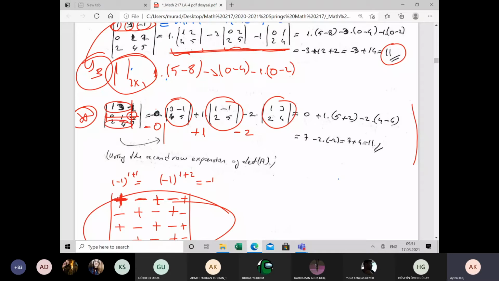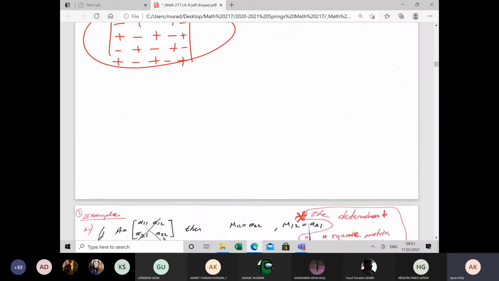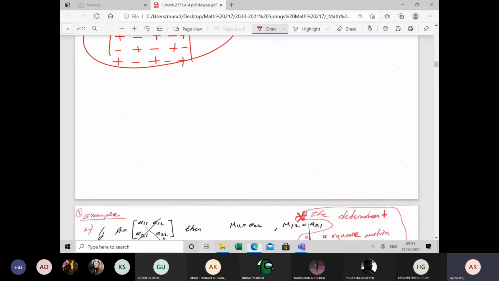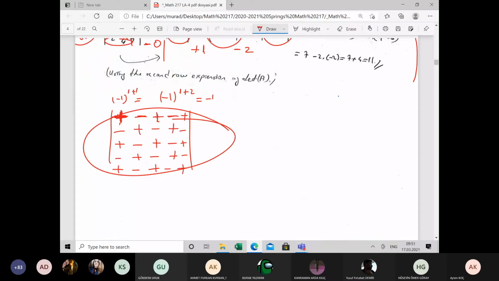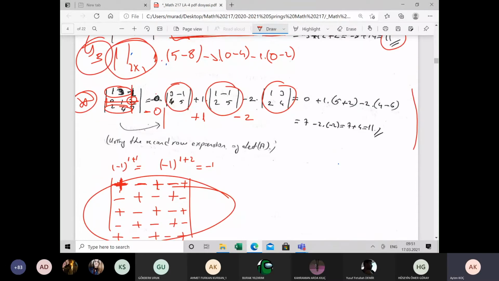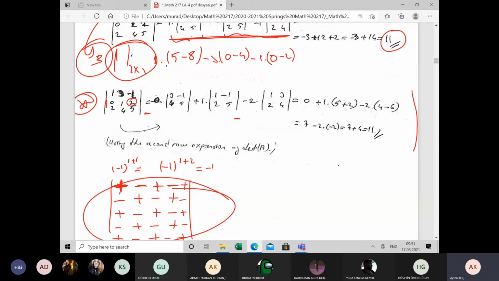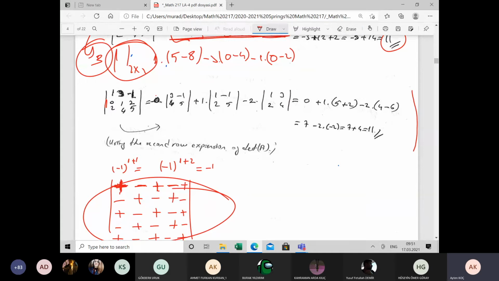This is okay? So we know how to compute the 2 by 2 determinants. So this one gives, yes, 0.